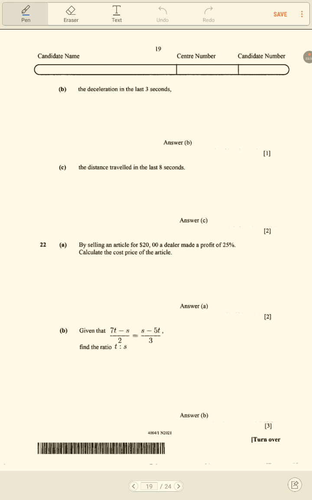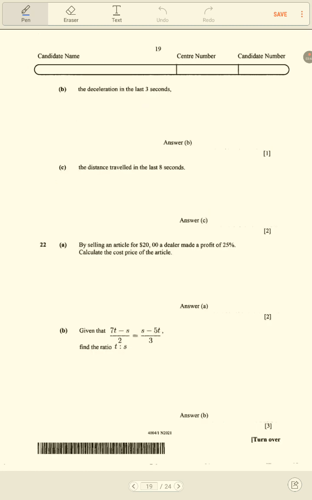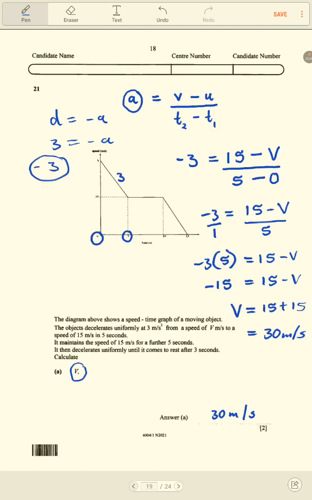Part B says, let's go back. It says calculate the deceleration in the last 3 seconds. Deceleration in the last 3 seconds. So we are going to use the same formula as this one, and when we get our answer, we get rid of the negative, because we know that d is equal to minus a.